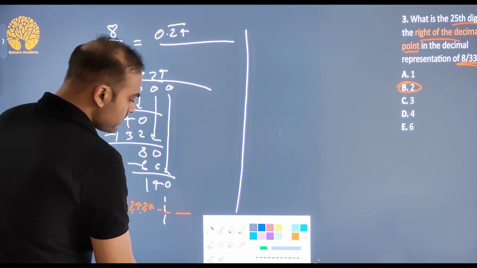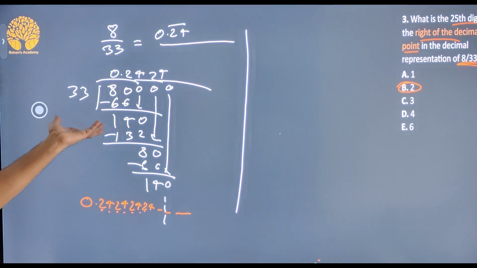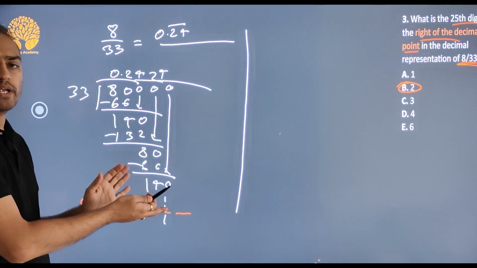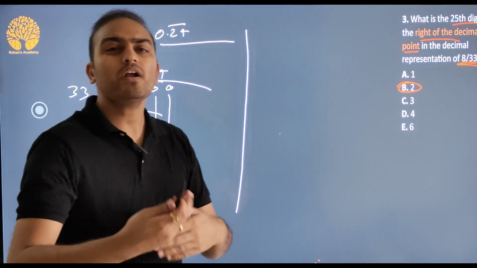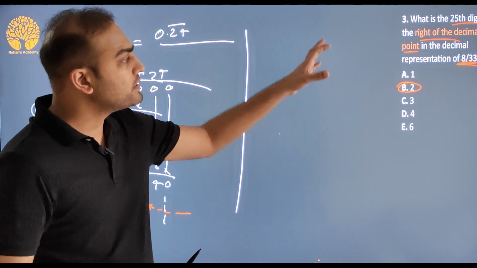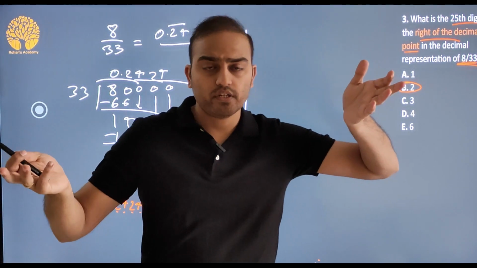But again, if you are comfortable with the table of 33, no problem, just do this. It's a very simple way of doing it. Or what can be an easier way? These are recurring decimals, we know because there is no 2 or 5 in the denominator.